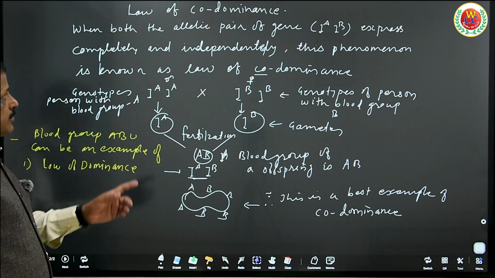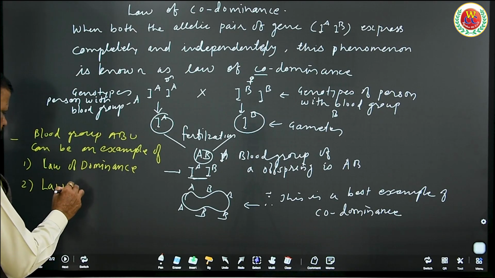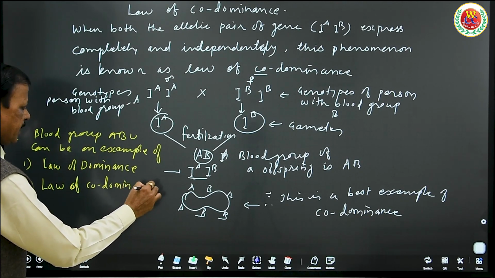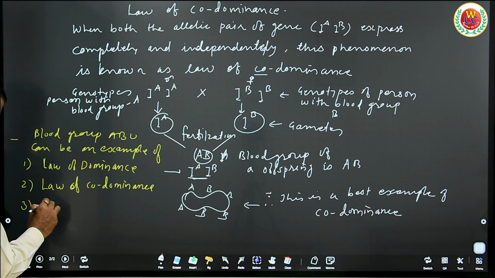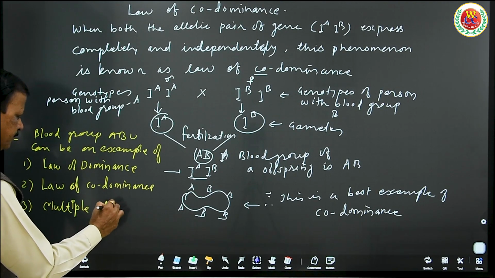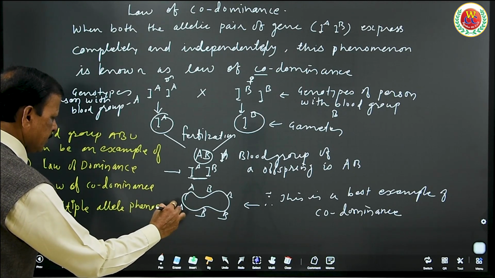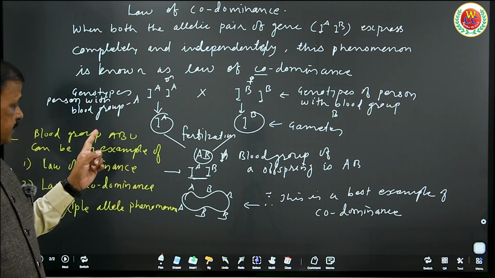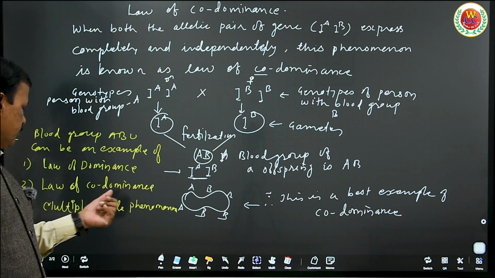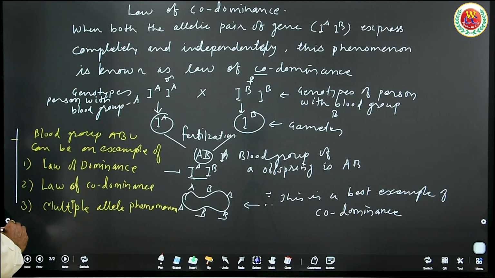Second, as we have studied, codominance, so it can be an example of the law of codominance. And third, the multiple allele phenomenon. So blood group ABO can be an example of the law of dominance, law of codominance and multiple allele phenomenon. This you have to remember for NEET.